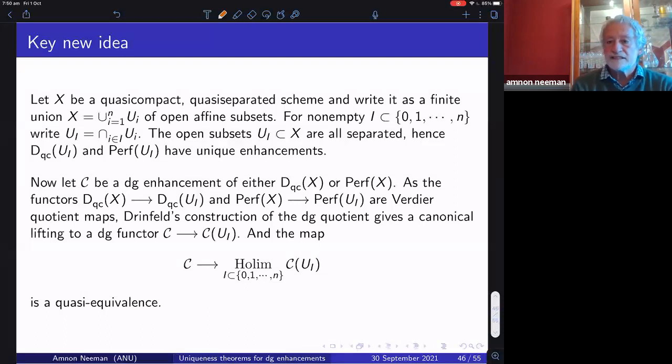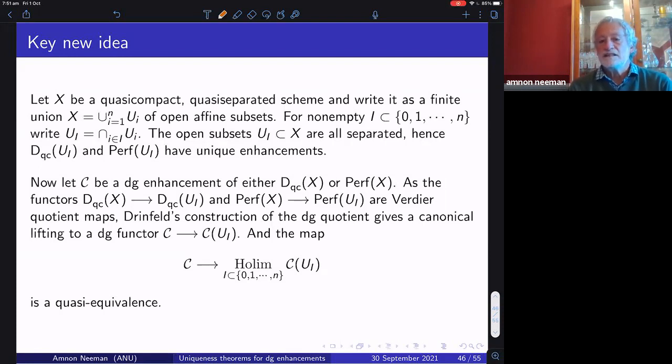And the fact that it's quasi-separated means that the intersection of any finite number of these open subsets is going to be quasi-compact. So it's going to be a quasi-compact separated scheme. It's a subset of an affine, so it's separated.